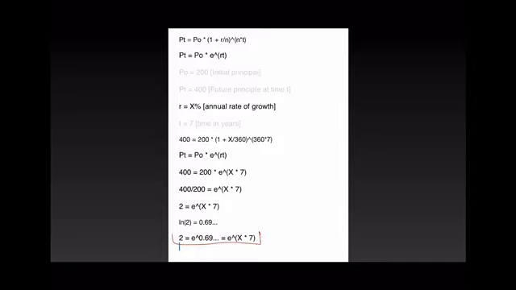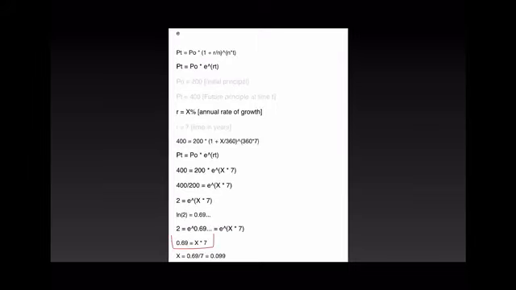So it looks as though I can move one crucial step forward to understanding the value of x. If e to the 0.69 power and e to the x times 7 power both result in 2, then those two things, 0.69 and x times 7, must be equal.